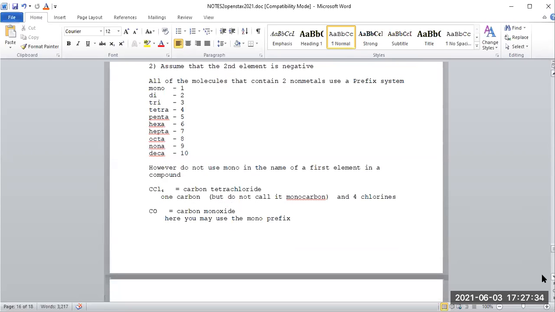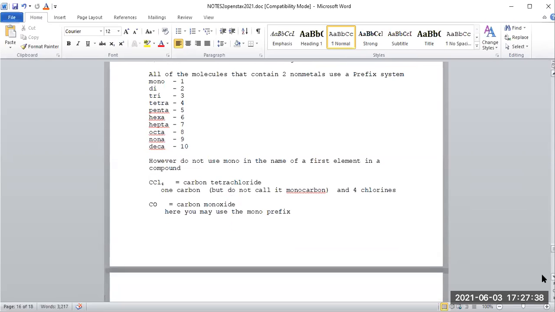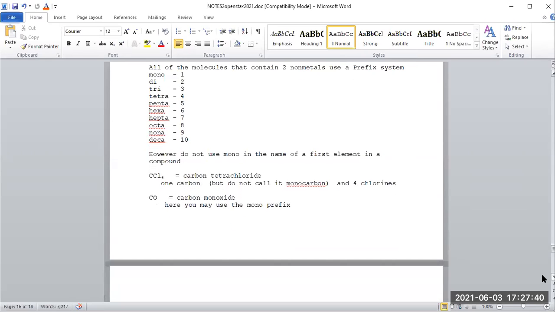So I have some examples here to hopefully pull some stuff together. CCl4. We've got 1 atom of carbon and we've got 4 atoms of chlorine. We're going to call it carbon tetrachloride. Don't call it monocarbon. This is the application of that rule listed above.